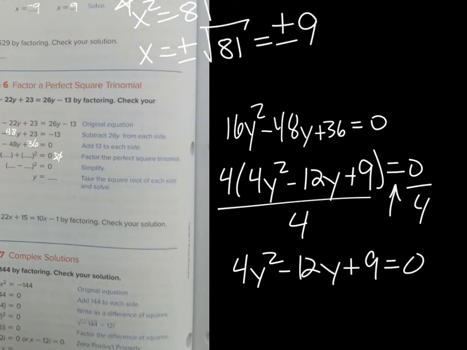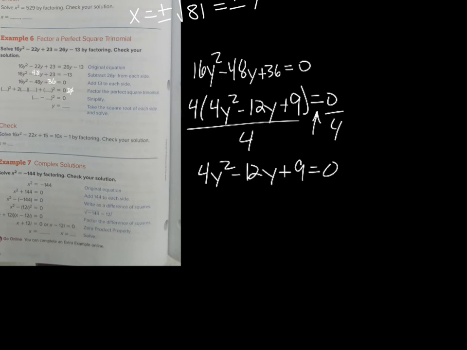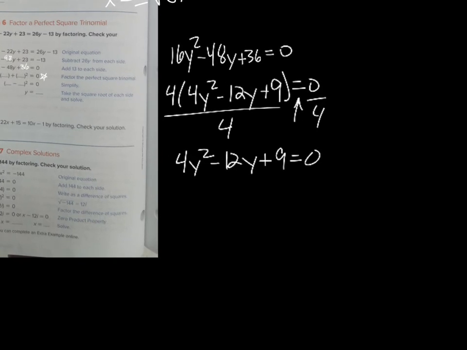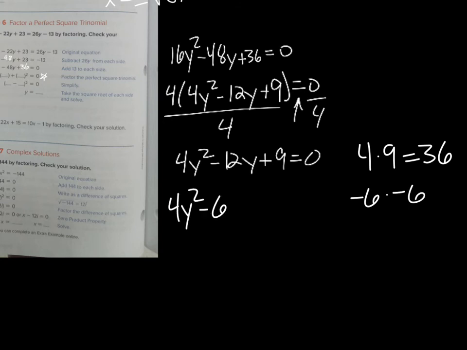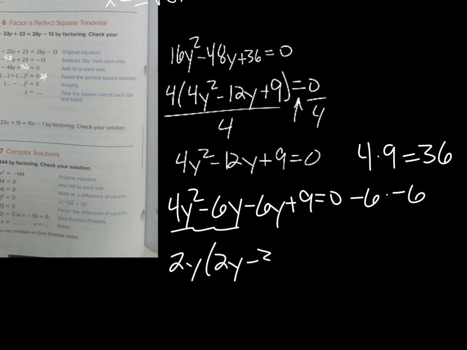So we have this, a times c, 4 times 9 is 36. Factors of 36 that add to give you -12, that looks like -6 and -6. You've got to go find it. 4y squared minus 6y minus 6y plus 9 equals 0. Right? Out of these two, we can take out a 2y, and we're left with 2y minus 3.